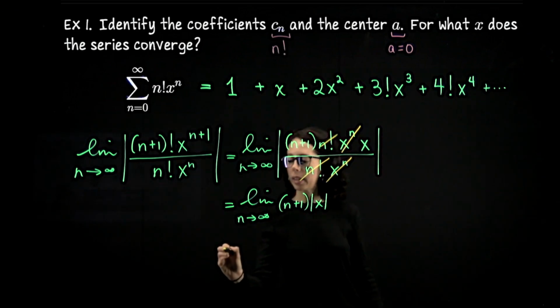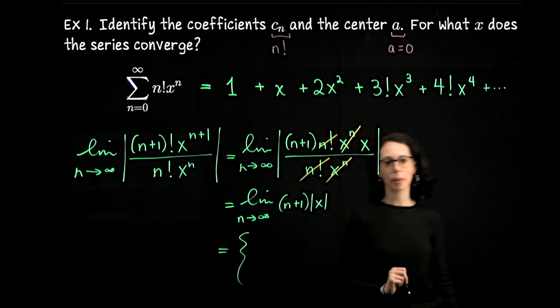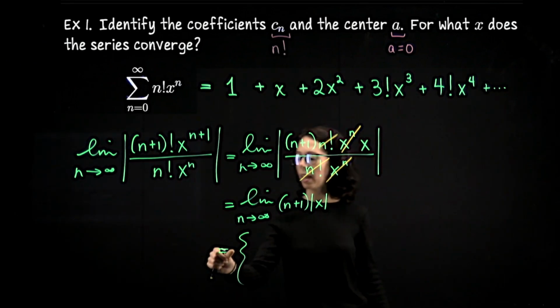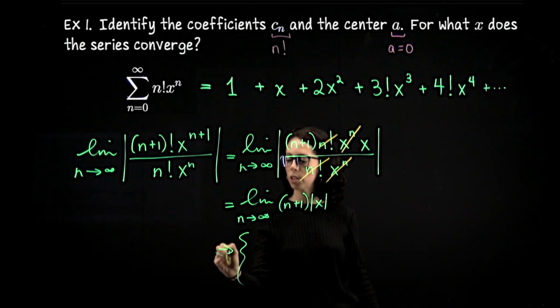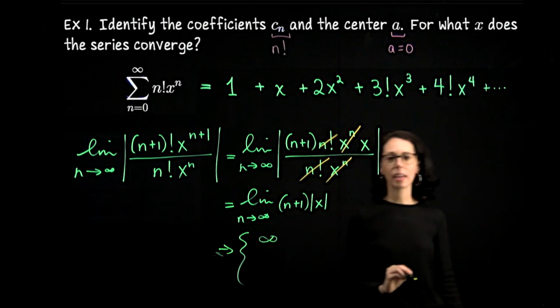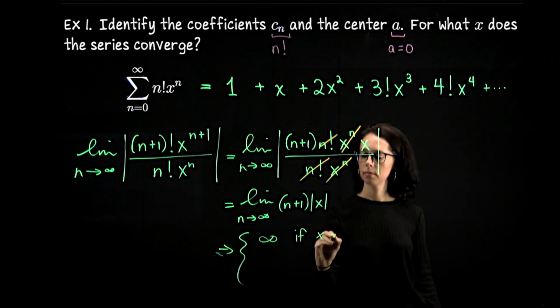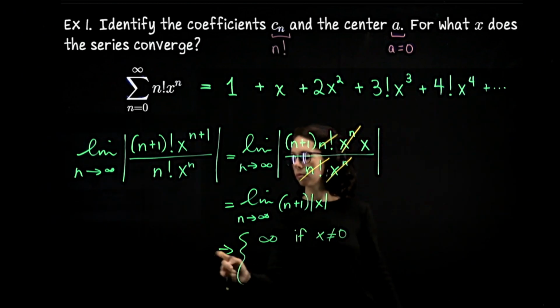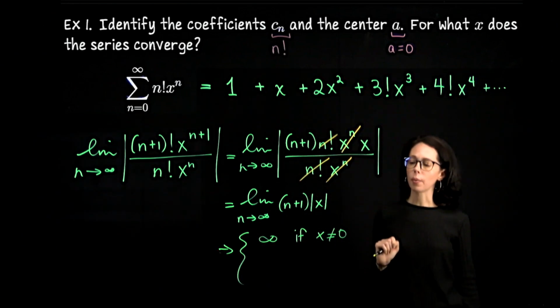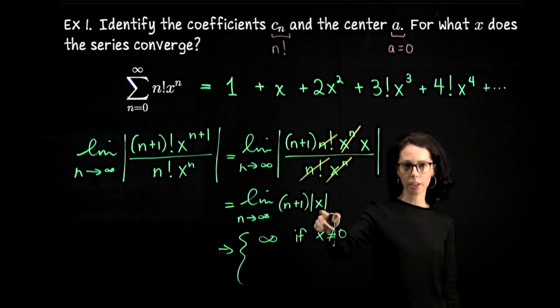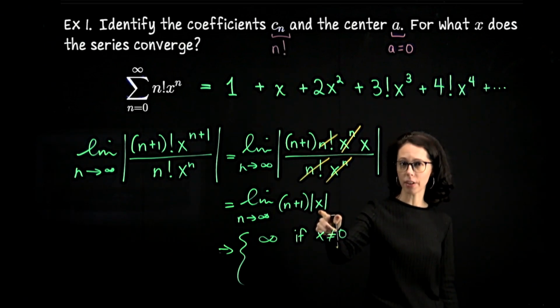So what you could do is write that this limit has two possibilities. It goes to infinity. Actually, I'm just going to write an arrow to say where it trends. It trends to infinity if x is any non-zero number. However, if x is 0, then when I plug 0 in for this x expression here, I literally have 0.